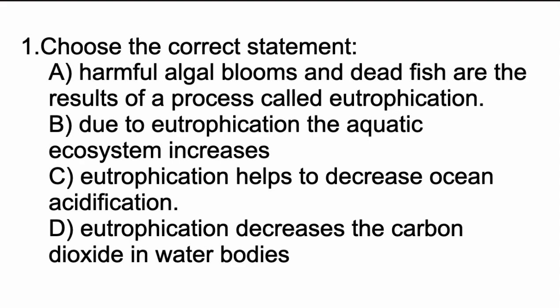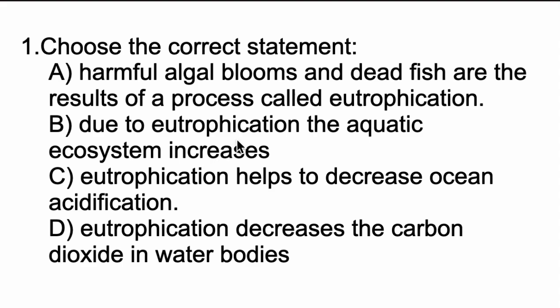Because lots of algae and bacteria grow there, and when those algae die, the carbon dioxide stays in that water only, as the green substance covers the entire water body. So the carbon dioxide increases, and that results in acidification. Due to that the fish also will not sustain. So option A is the correct answer.